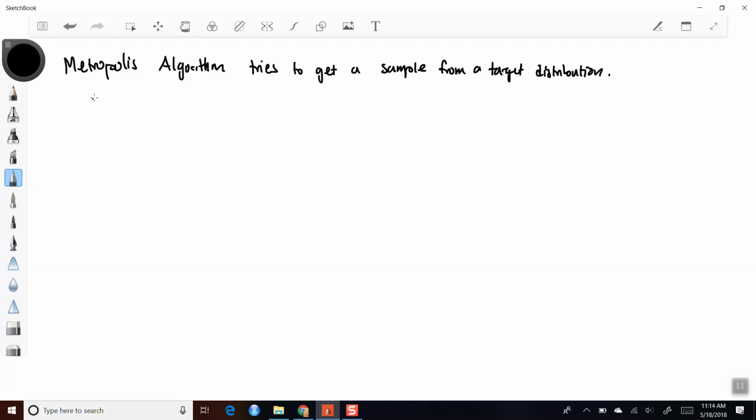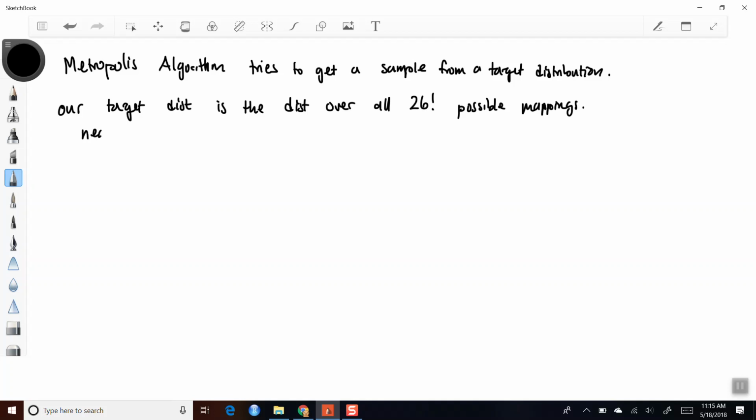All right, so the Metropolis algorithm tries to get a sample from our target distribution. So our target distribution is the distribution over all 26 factorial possible mappings, okay? And nearly all are garbage mappings, okay?